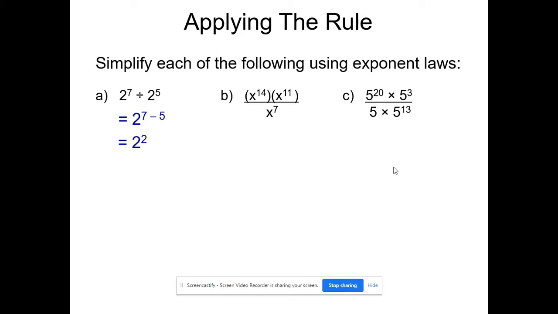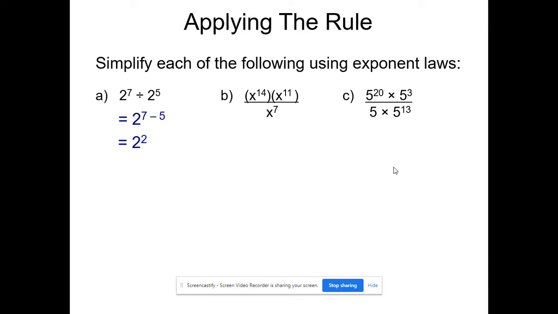My second question, x to the power of 4 times x to the power of 11 divided by x to the power of 7. Now there's a little bit more to this question than there was in the previous one. I have some multiplication in the numerator that I need to work out before I can do my division. So we learned in the previous video that if you multiply two things with the same base, you can add their exponents.